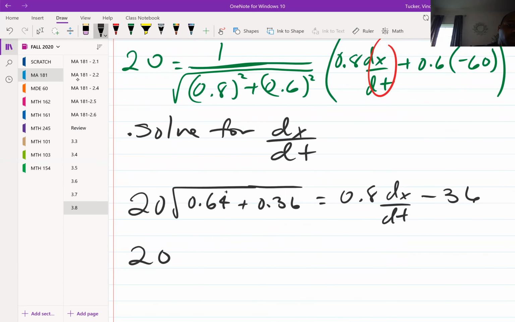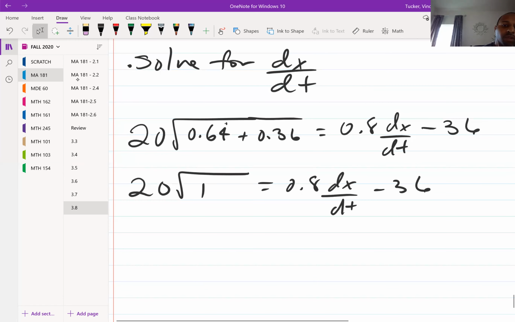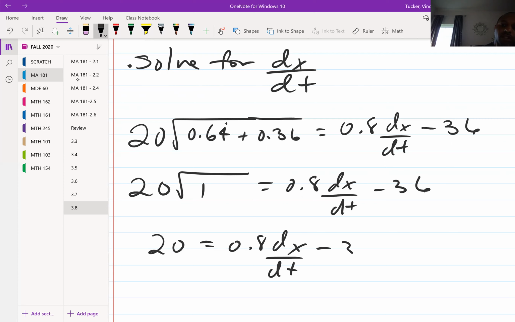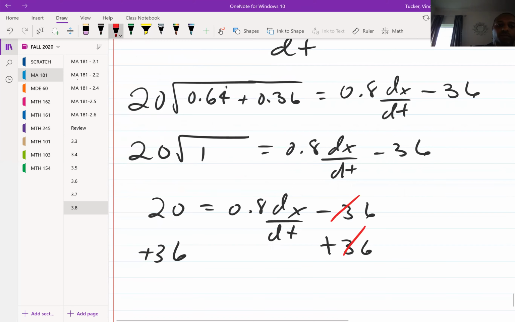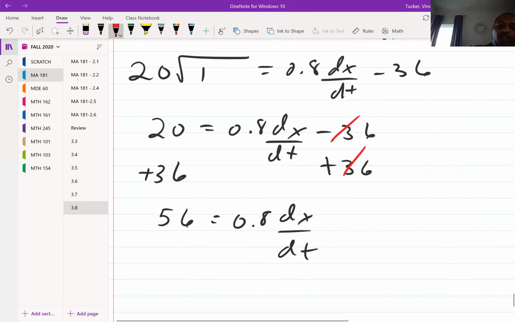And here we have 20 times the square root of 1. Of course, the square root of 1 is 1. That leaves me with 20 equals 0.8 dx/dt minus 36. Add 36 to both sides. So that's 56 equals 0.8 dx/dt. Almost finished.